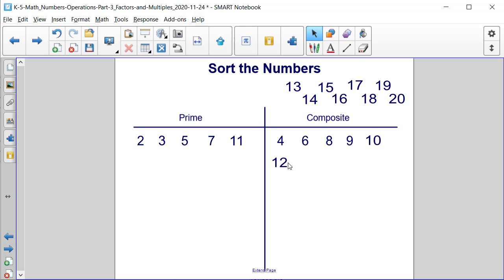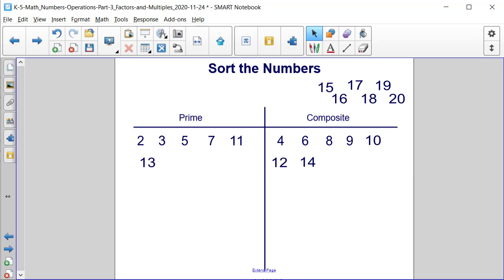It is also divisible by 1, 2, 3, 4, 6, and itself. 13 is a prime number, because its only factors are 1 and itself.